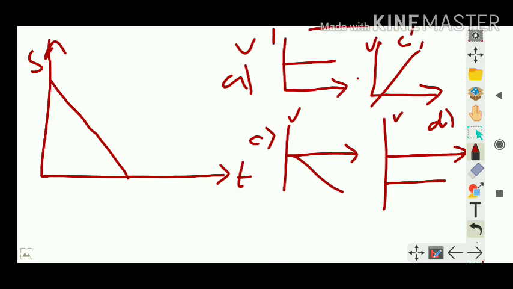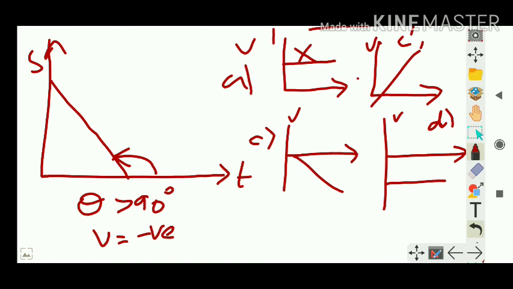So how would you know? First of all, look for the angle. This is the angle, right? Angle theta is greater than 90 degrees. That means velocity is what? Negative, right? So I will look for an option where velocity is negative. This is a positive velocity graph. This is also a positive velocity graph. So either this one or this one, right?